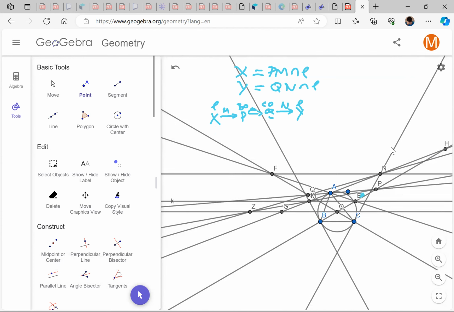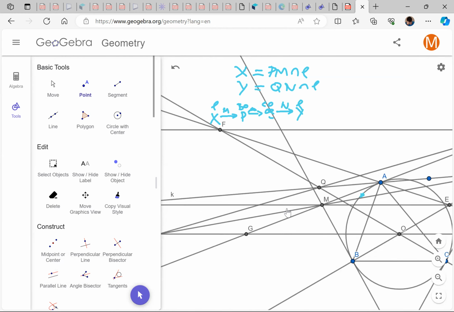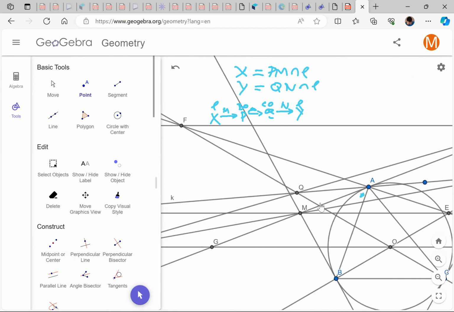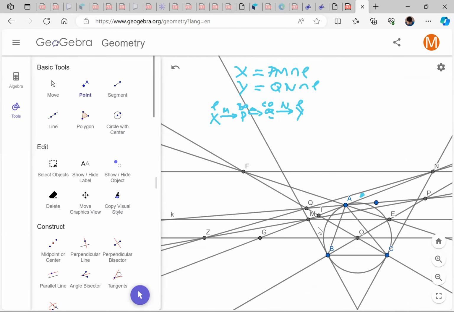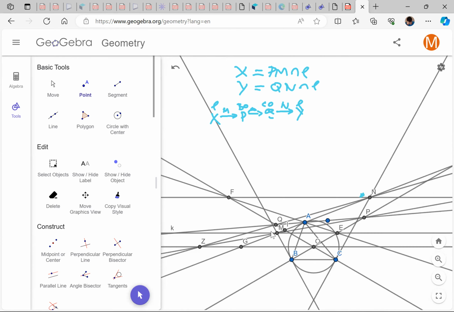Okay, and then it goes through A to CO, so I'm gonna have to define this tangent line intersects CO. Here it's, I don't know, I'm just going with the names that it gives me. And then, of course, it goes back to G through N, so that's nice.